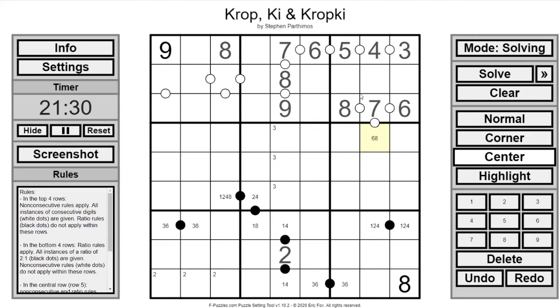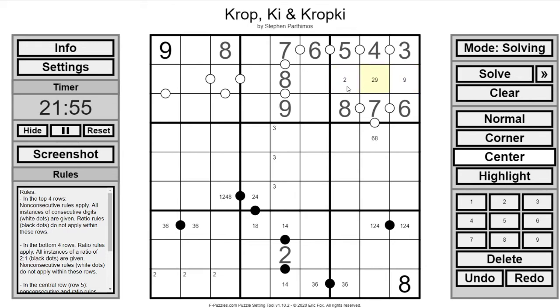Now we've got Kropki rule still active here. So 2 must go in one of these slices, 9 must go in one of these slices. And 1 can't go here because that would force the 2 somewhere weird.